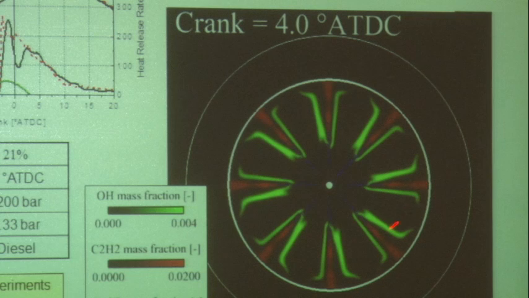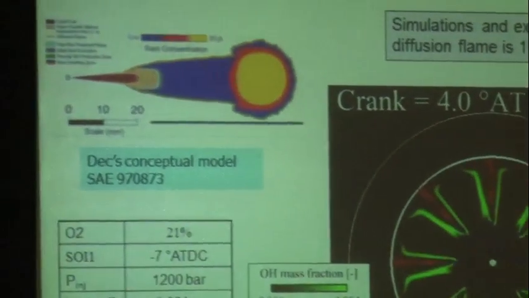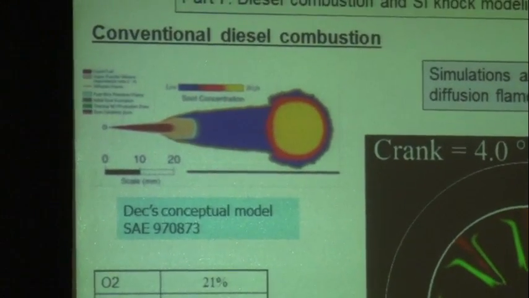It's spreading out along the wall, like we saw in some of those diesel movies before. Soot, again, in the center of each plume, and surrounded by this OH layer where the high temperatures are mostly located. And if you look at John Deck's image, essentially we're seeing something that looks very consistent.